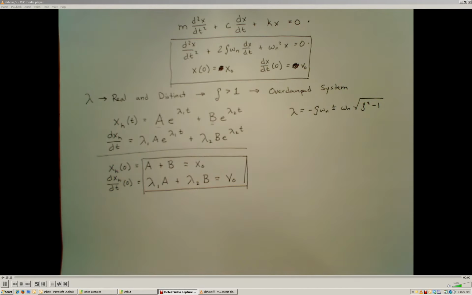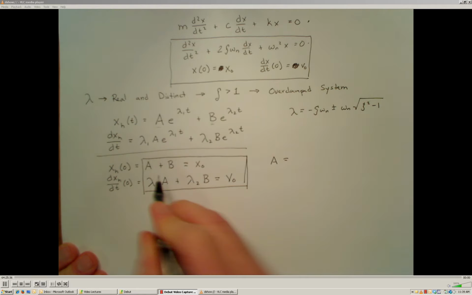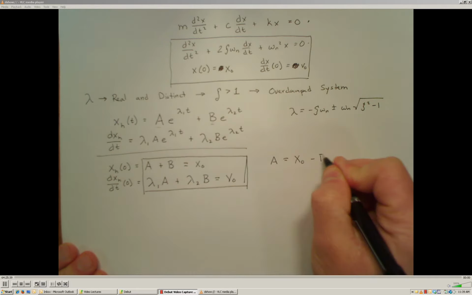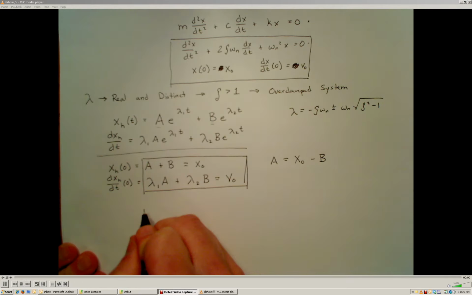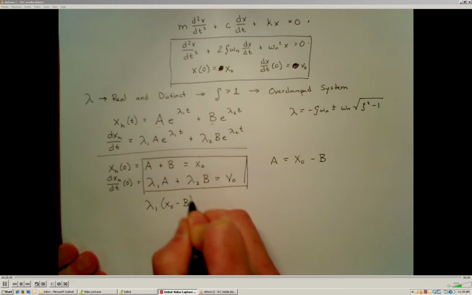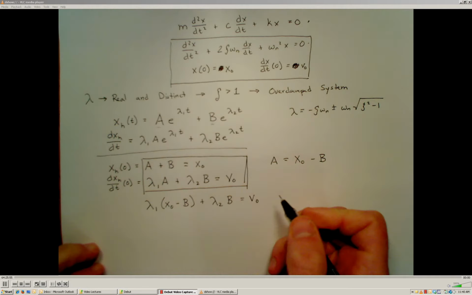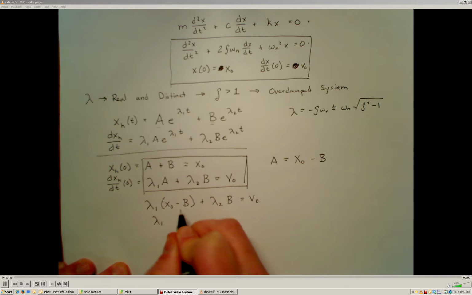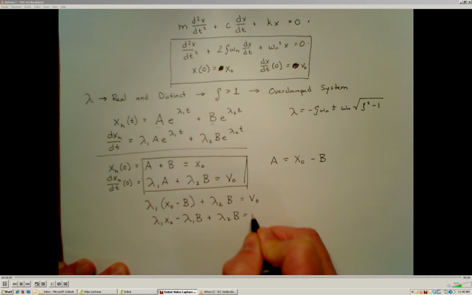First I'm going to solve for A, and A is equal to x naught minus B. Now I can plug this value back into the other equation, so I have lambda 1 times x naught minus B, plus lambda 2 B, equal to v naught. Now I want to collect my B terms. Distributing, I have lambda 1 x naught minus lambda 1 B plus lambda 2 B equals v naught.